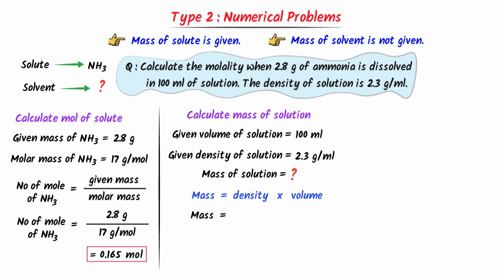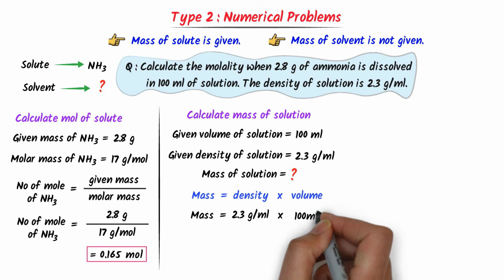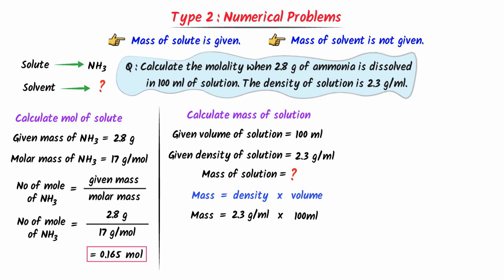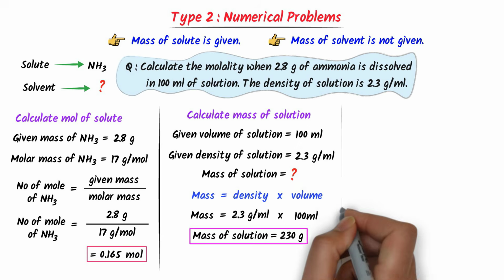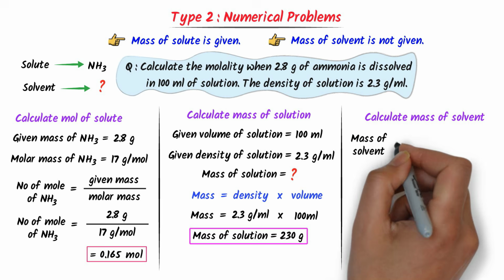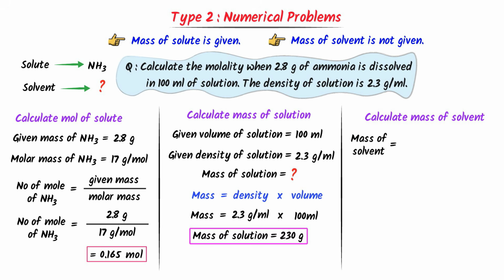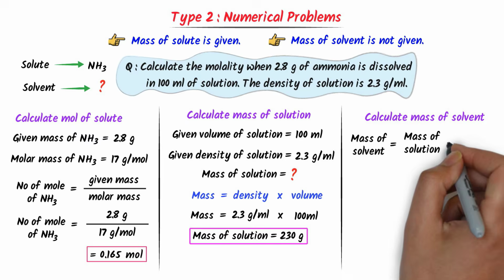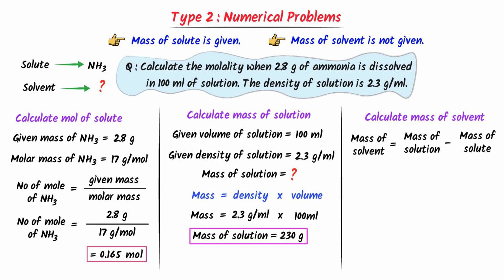The density of the solution is 2.3 gram per milliliter and the volume of the solution is 100 milliliter. After calculation, I get 230 gram. Hence, the mass of the solution is 230 gram. Now we will calculate the mass of the solvent. The mass of the solvent is equal to mass of a solution minus mass of a solute.